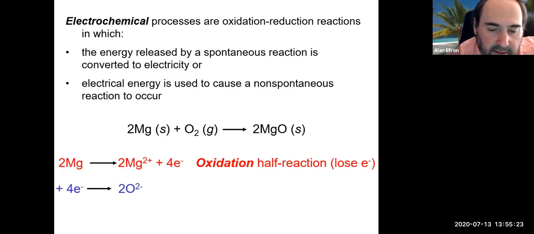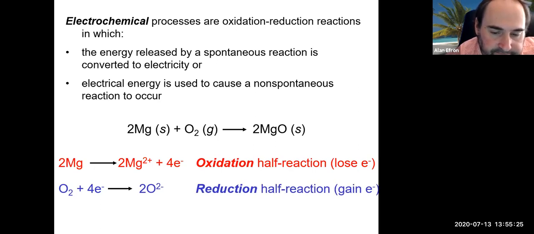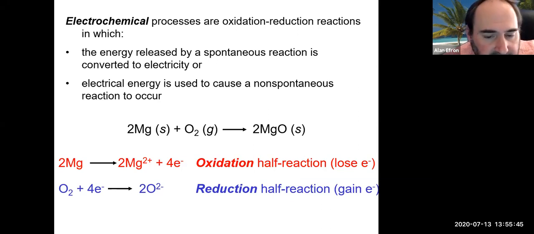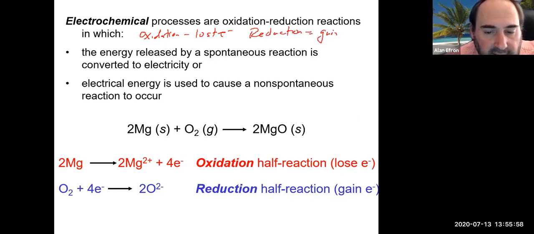All right, so when we talk about electrochemistry processes, it's really oxidation reduction reactions that are occurring. Redox reactions involve that process of oxidation and reduction. When we talk about oxidation, that typically means that something has lost electrons, while reduction means that something has gained electrons.